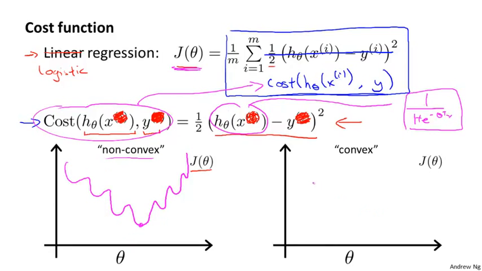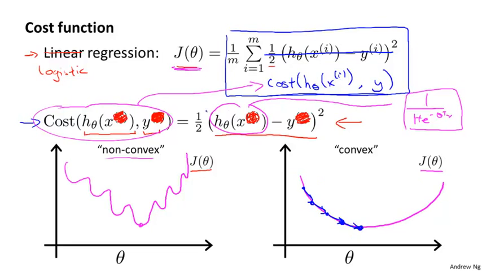Whereas in contrast, what we would like is to have a cost function J of theta that is convex, that is a single bow-shaped function that looks like this, so that if you run gradient descent, we would be guaranteed that gradient descent would converge to the global minimum.